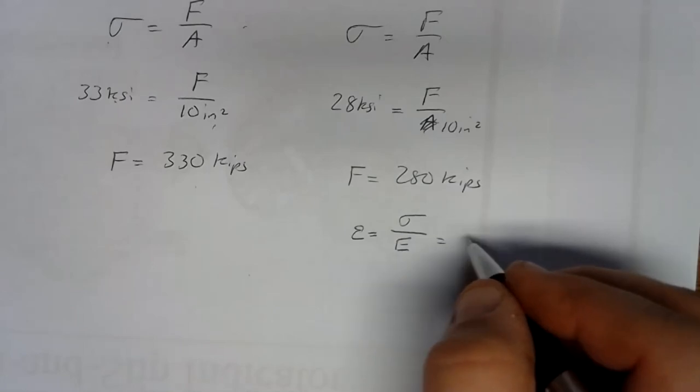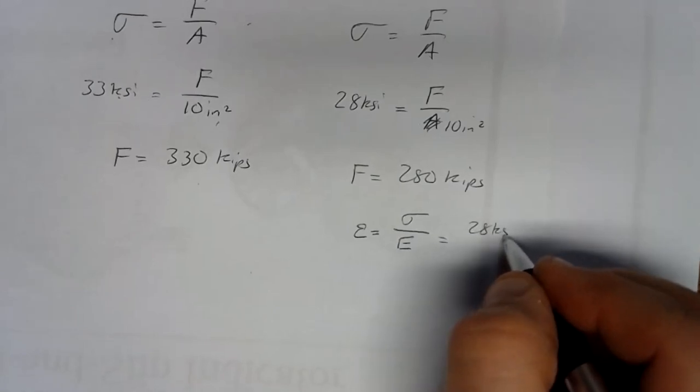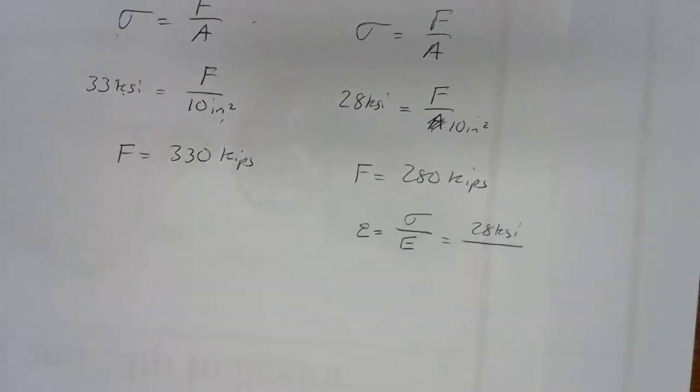So we know how much stress we're generating here, 28 KSI. We need to know the Young's modulus. So we'd have to get the Young's modulus for 5052 aluminum.